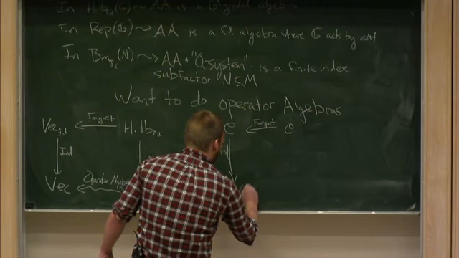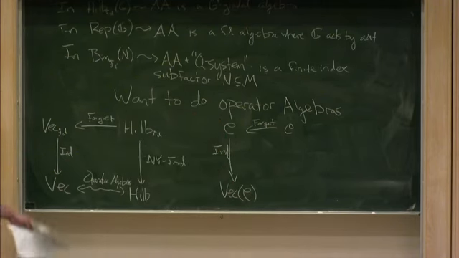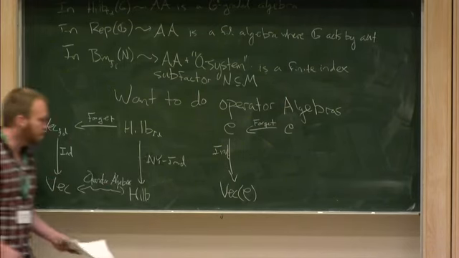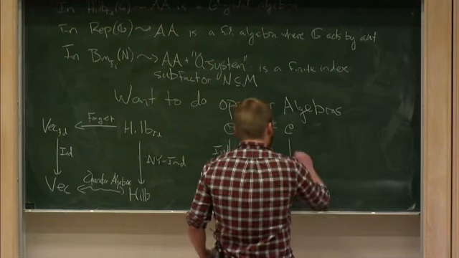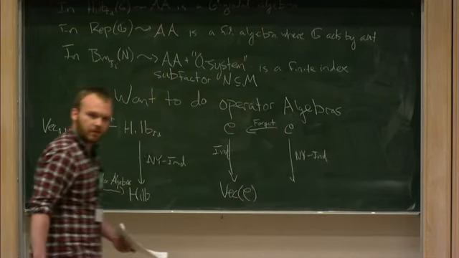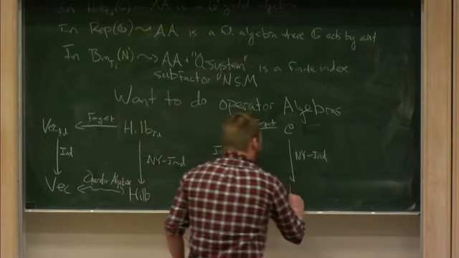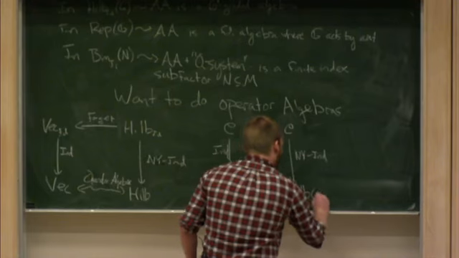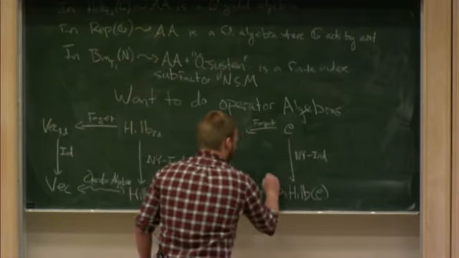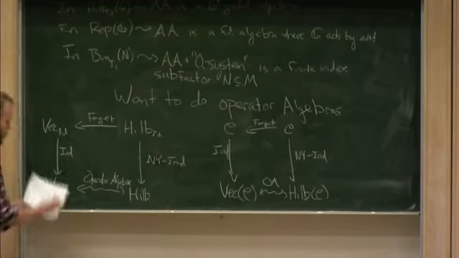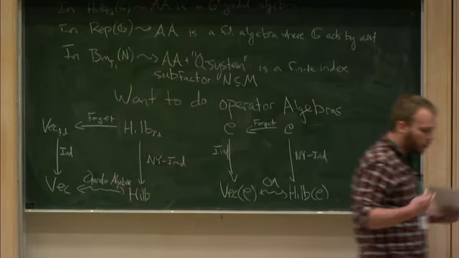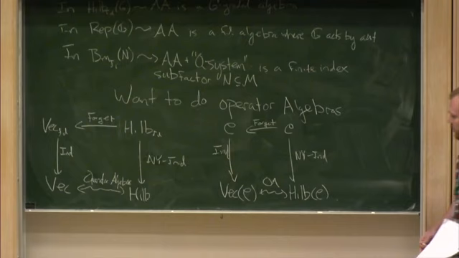I suppose you should call it IND C, but to underscore the analogy with this situation, we'll call it VEC. And you can do the Neshveyev-Yamashita IND, or maybe this one day will be called a C-star IND or something like this, and you end up with the category that we'll call Hilb C. And then we should be able to generalize the theory of operator algebras to this situation. Okay? And so that's kind of the goal. That's what I want to do for you guys today.